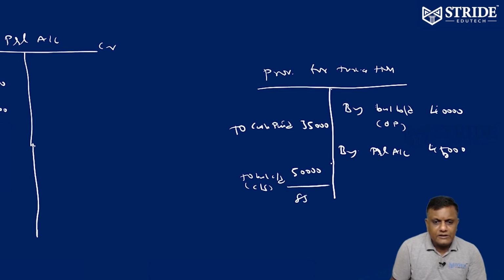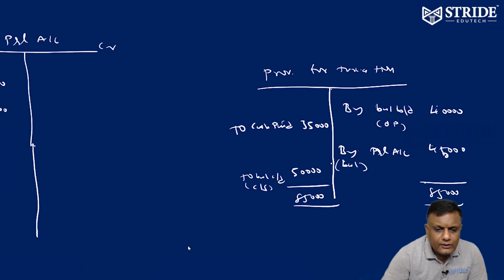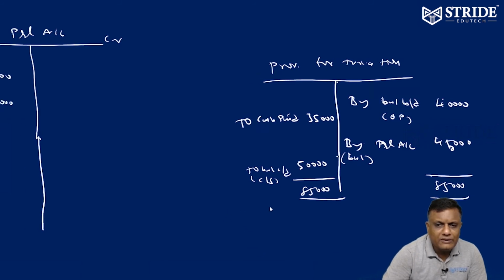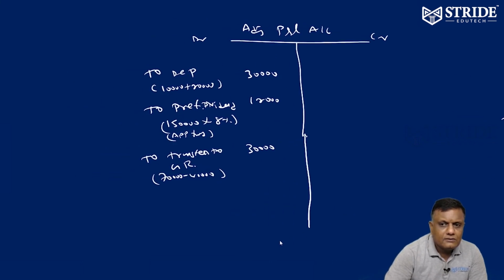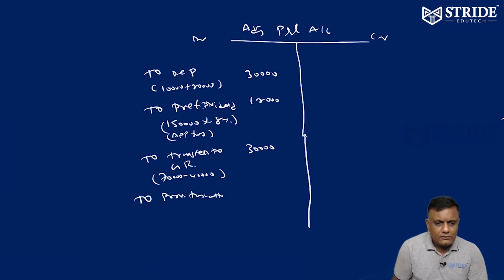So total 85,000, here also 85,000, therefore the balancing figure 45,000 is taken to the P&L account. What is the provision we have to provide for the current year? 45,000 to be provided. So to provision for taxation, 45,000 to be provided.